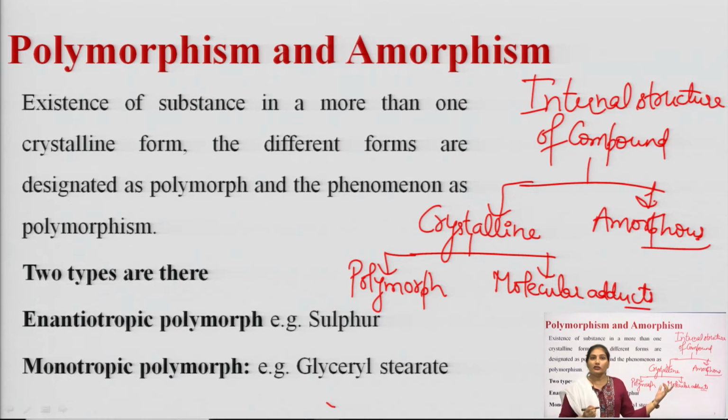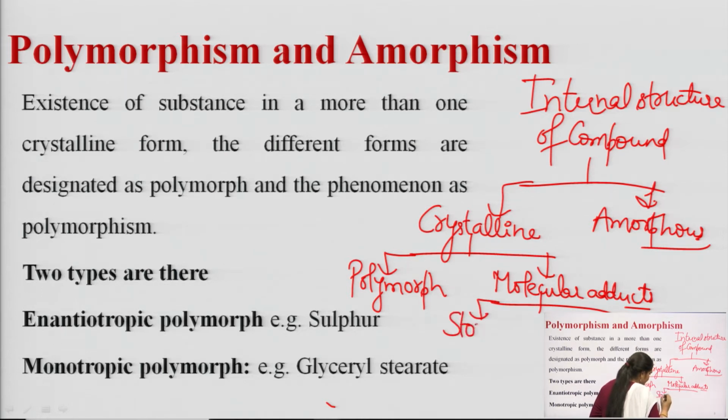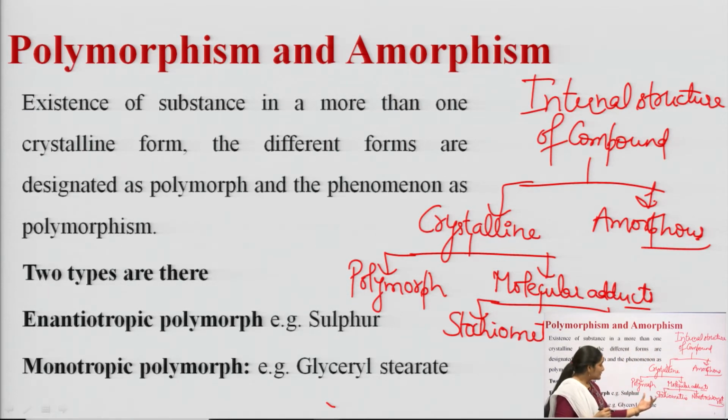These molecular adducts are also of two types: stoichiometric adducts and non-stoichiometric adducts. The stoichiometric adducts are also known as pseudopolymorphs.